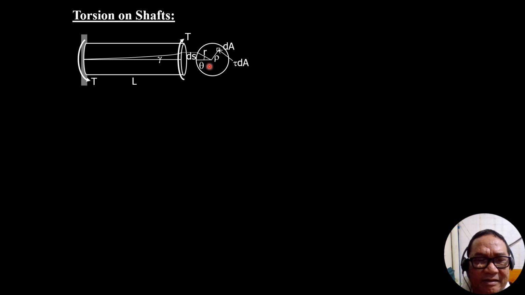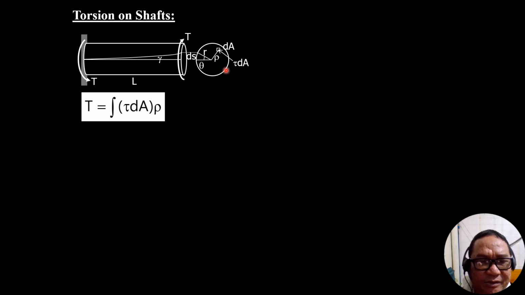And of course, we use summation notation, and we convert that to an integral sign. So therefore, torque equals integral of the sum of the moments of the components, which is represented by tau dA, differential force, times moment arm rho. So torque equals integral of tau dA times rho.